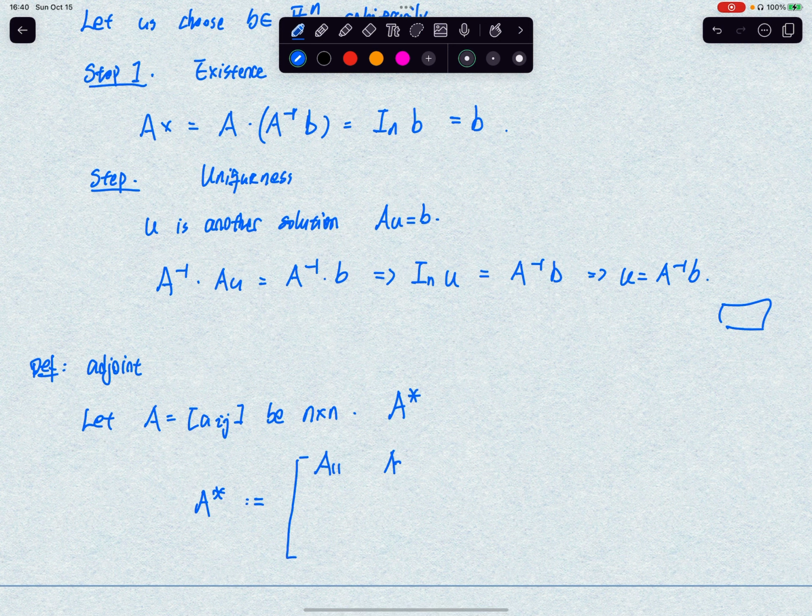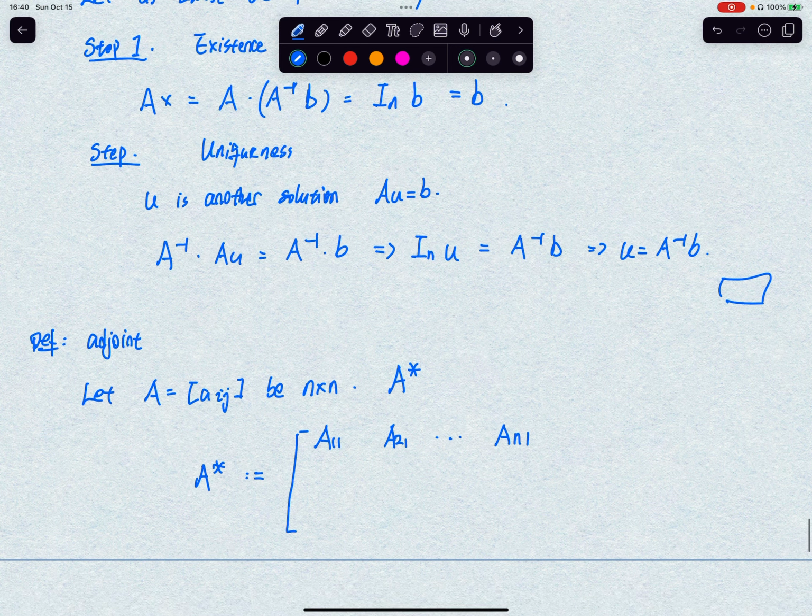A11, A21 up to AN1, and A12, A22 up to AN2, all the way down to A1N, A2N up to ANN.